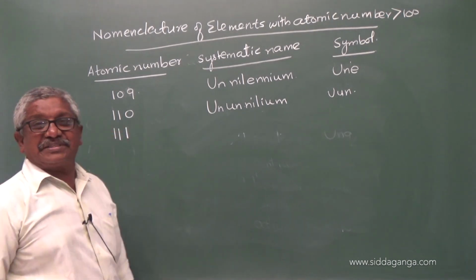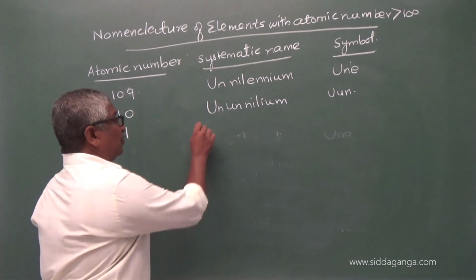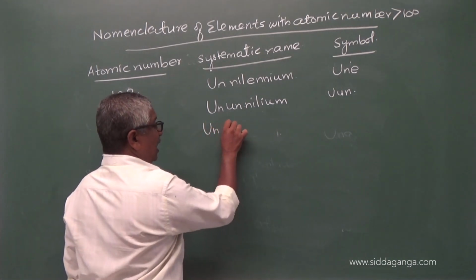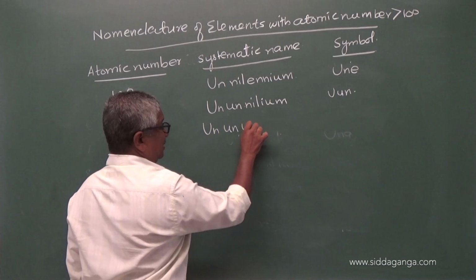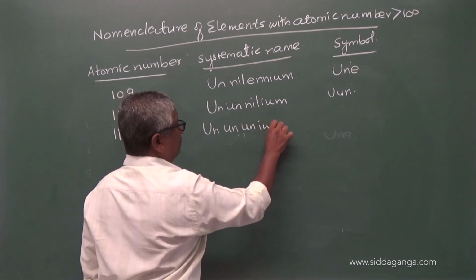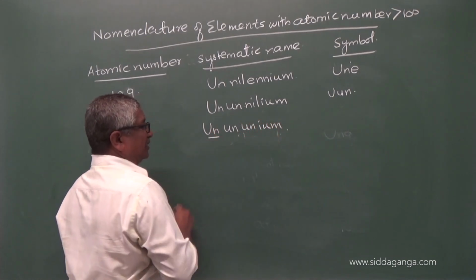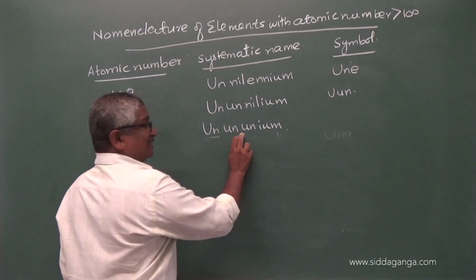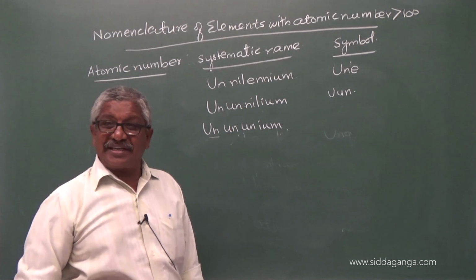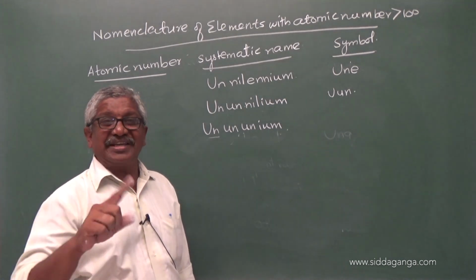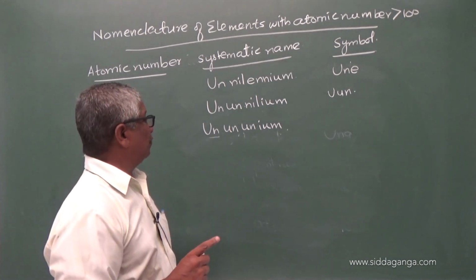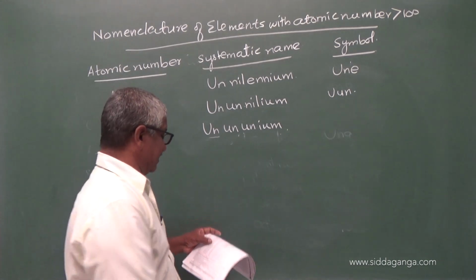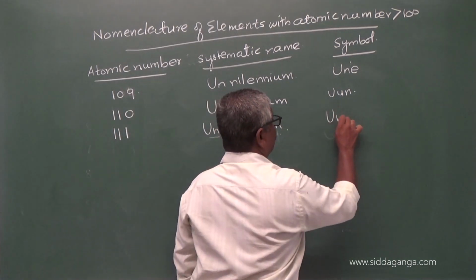All the 3 numbers are 1, 1, 1. 1, another 1, another 1, ium. First one it is for 1, second one for another 1, third one for the next one. 1, 1, 1, ium, unun-unium. It is Uuu.